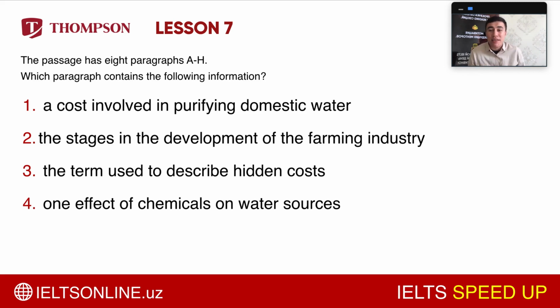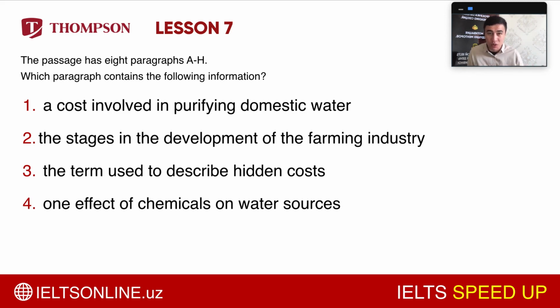The second one: the stages in the development of the farming industry. I think it's clear, this is quite straightforward. Stages means step by step, every single one. So first you had this, then this. Next: the term used to describe hidden costs. Term, you probably understand, right?